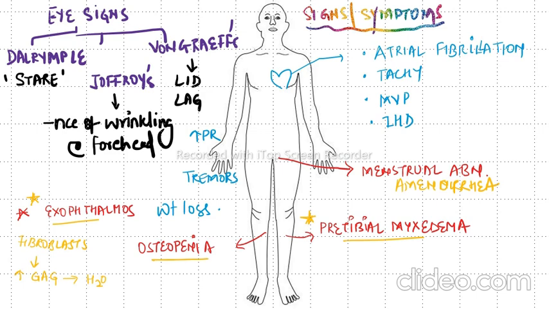The cause for osteopenia is that increased thyroid hormone levels lead to increased activity of osteoclasts over osteoblasts, and hence the patient will be more prone to fractures. Also, the patient will have mood irritability and hyperactiveness.